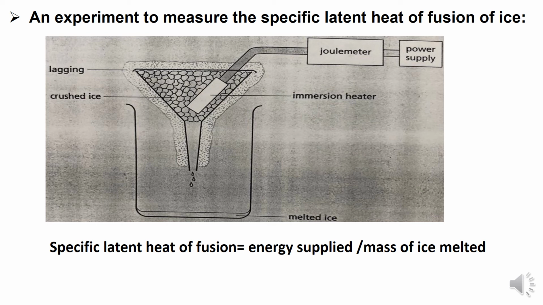So you will get the value of the mass of ice melted. I hope you understood. If you have any doubt, ask. This is very important. It's repeated in the past papers many times. You must know the diagram, how to draw and label it, the working, what values are taken from it, and the formula also.